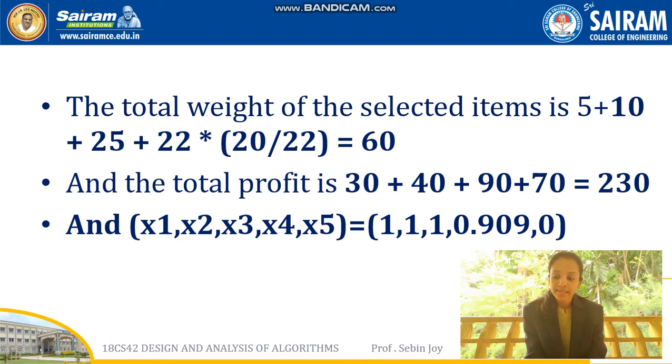So the knapsack capacity will be given, and items will be given with the weight and the profit. The first step is to find the ratio of Pi by Wi for each item, which we write in a column. Then we arrange this in the decreasing order of Pi by Wi, because our intention is to get the maximum profit.